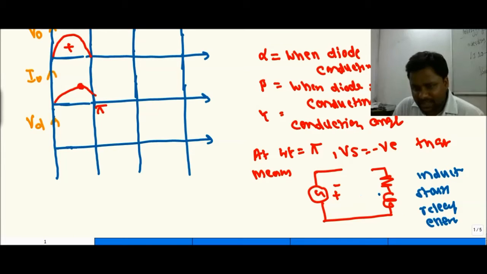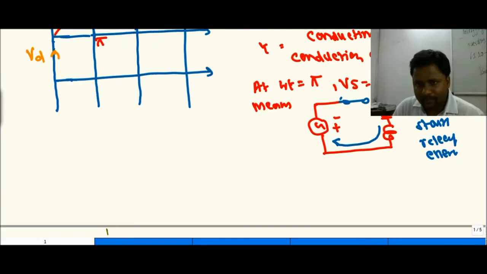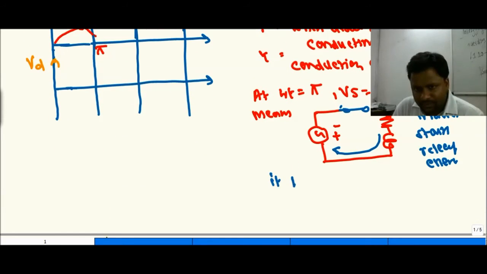Since the inductor starts releasing energy, the current is going to decrease like this, and it will force the diode to conduct up to beta.